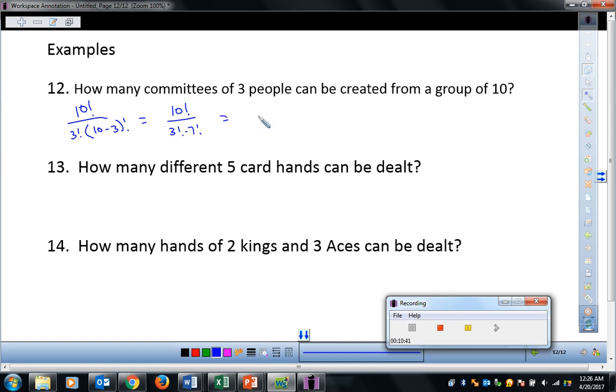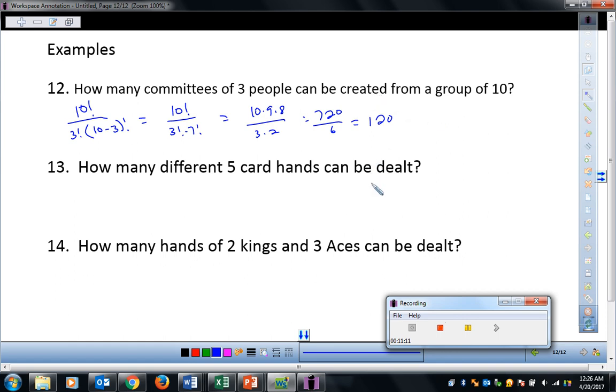And again, all the way from 7 down is going to cancel out, so I'm left with 10 times 9 times 8 all over 3 times 2. So 10 times 9 times 8 ends up being the 720 from earlier over 6, and 720 divided by 6 is just 120. So there are 120 committees of 3 people that can be created.